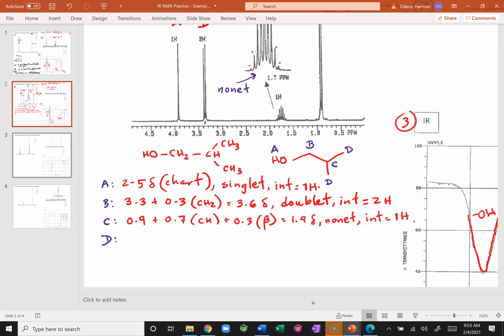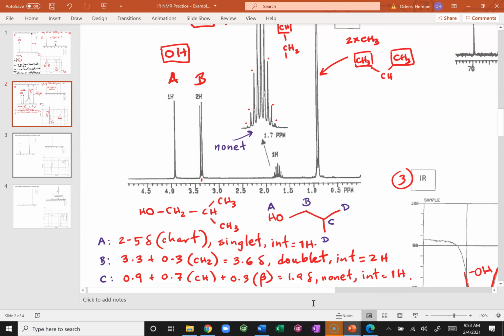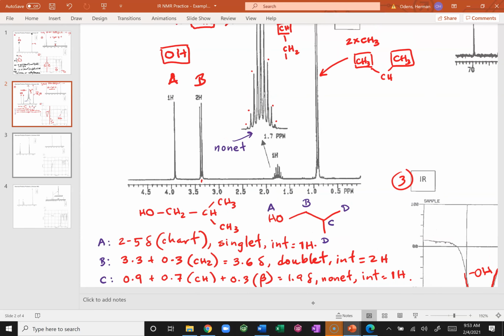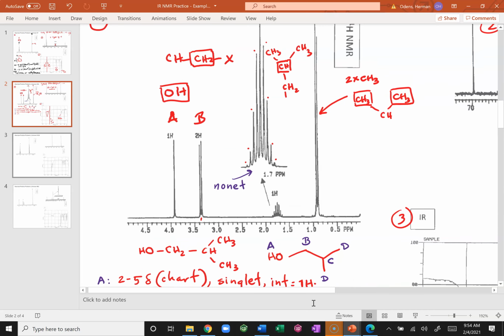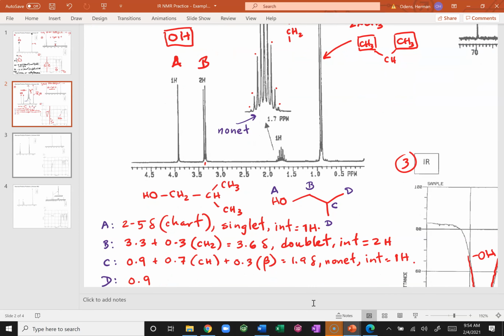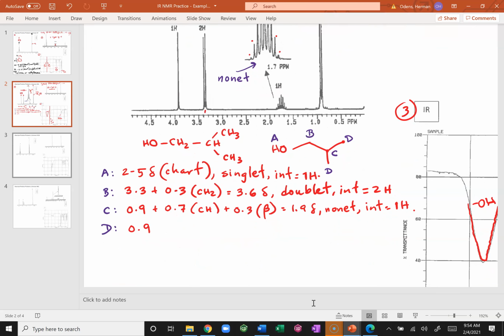All right. Finally, D will be 0.9 because it's a CH3 attached to a carbon. Right? This is a CH3 attached to a carbon. And then that's going to be a chart value because it's already a CH3 and it doesn't have a beta group.